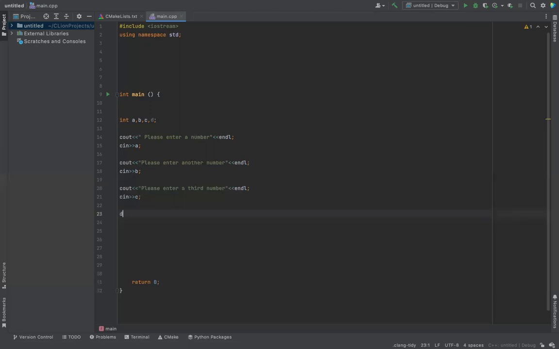Okay, and I'll say B is equal to A divided by B, divided by C. Use cout to print it out.